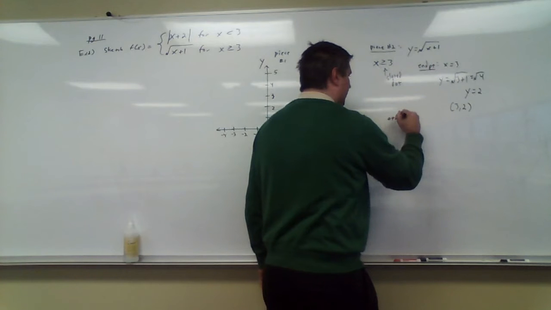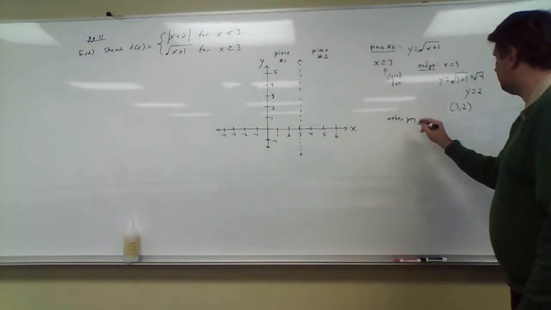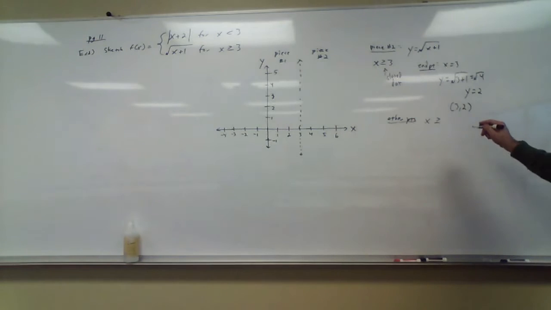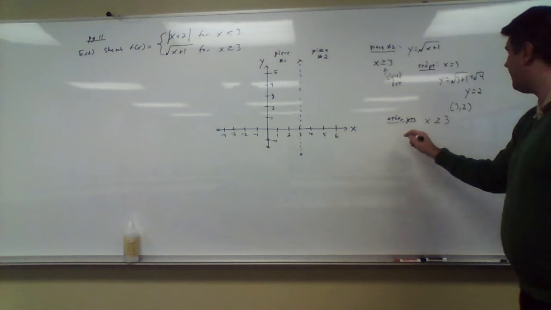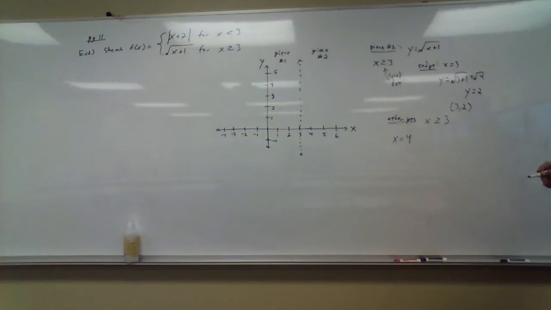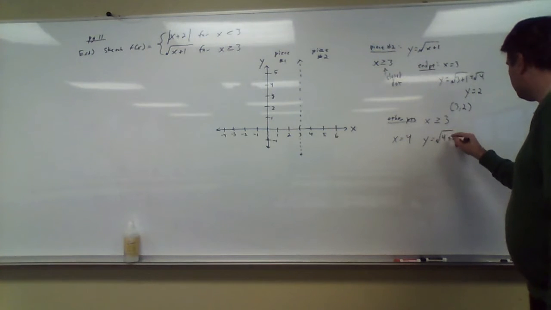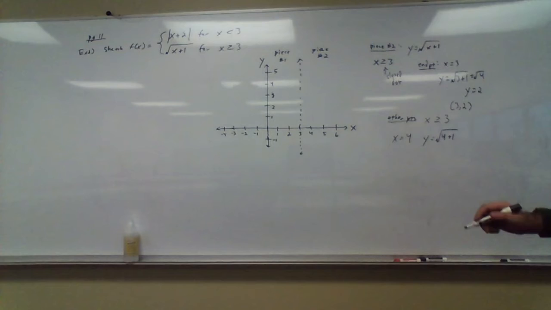Here are the other points, such that x is greater than or equal to 3. Well, we already did 3, so how about x equals 4? We'll do the next integer value. y equals the square root of 4 plus 1, which gives me the square root of 5.